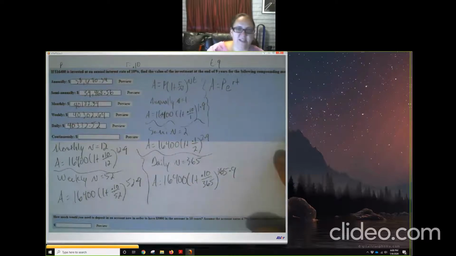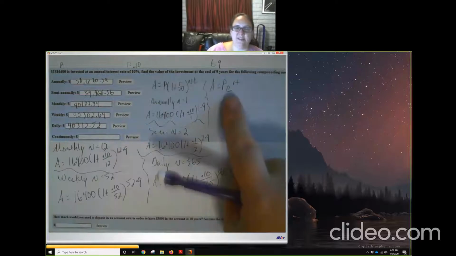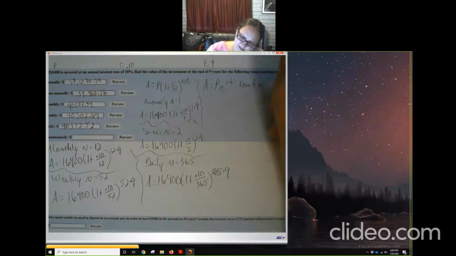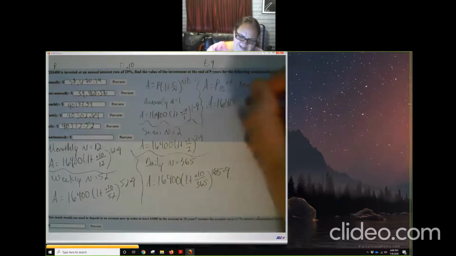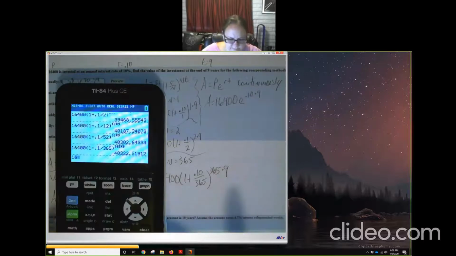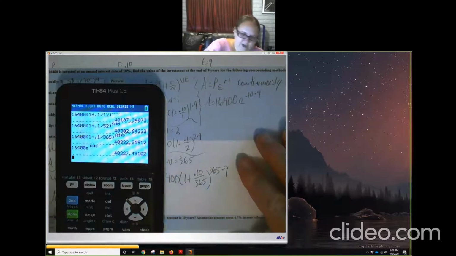And then if they ask you continuously, you use this formula instead. So for continuously, it would be 16,400 E to the 0.10 times 9. 40,337.49.